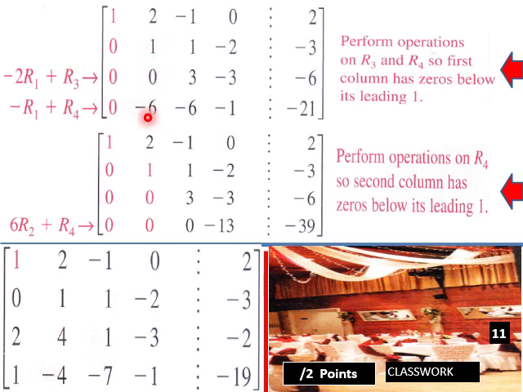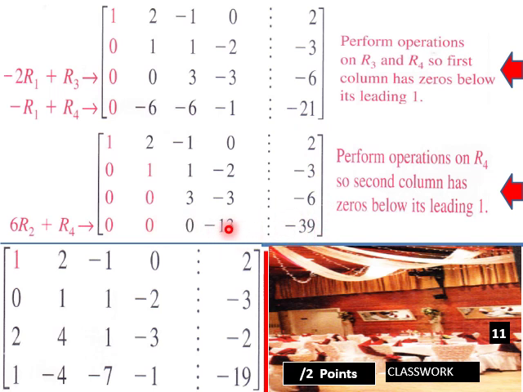So 6 times that, this is where you get your 0 there. 6 times 1, negative 6 would be 0. Then 6 times 6, and then negative 6 would be 0 again. And then 6 times negative 12, and then negative 1 would be negative 13. And then 6 times negative 13 would be negative 18, and negative 21 would be negative 39.